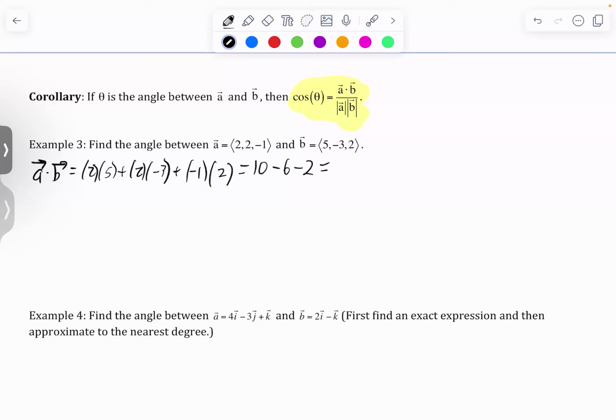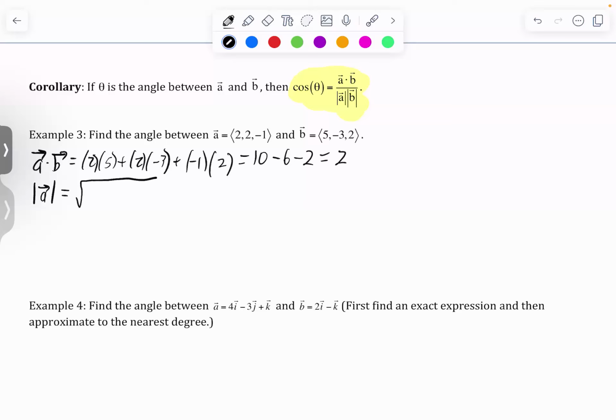That's going to give us 2 there. I'm also going to need the magnitude of A. If you remember the formula for that, this is 2 squared plus 2 squared plus -1 squared. And that's 4 plus 4 plus 1, that's 9, giving us 3.